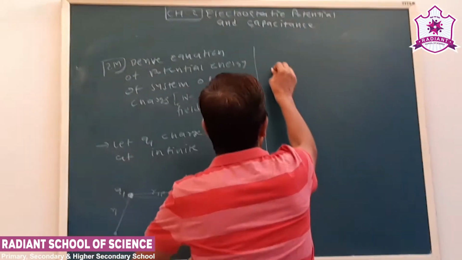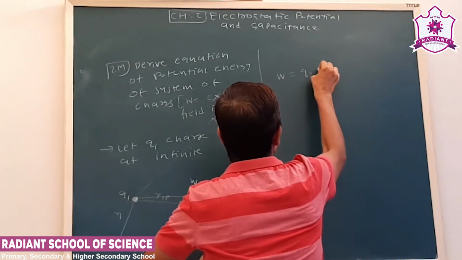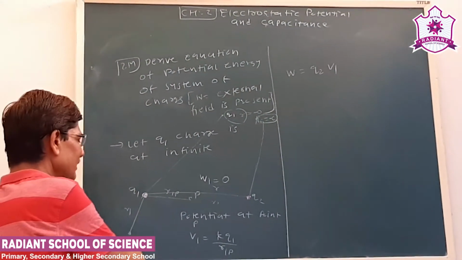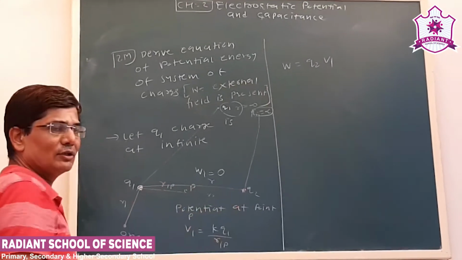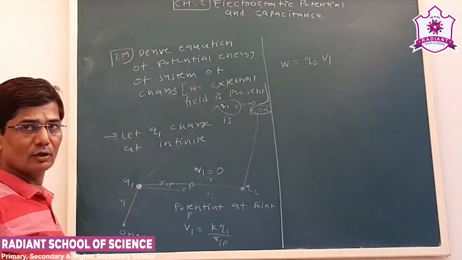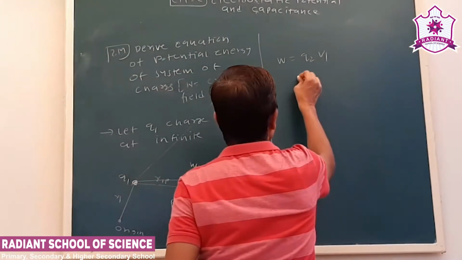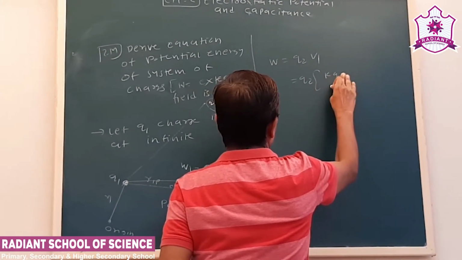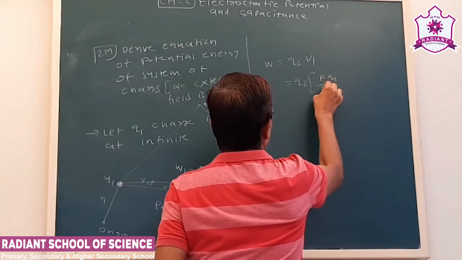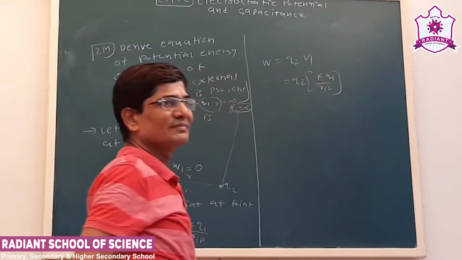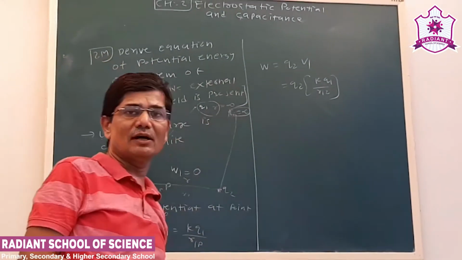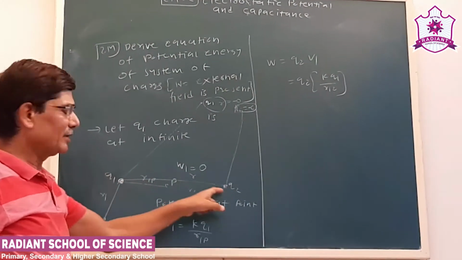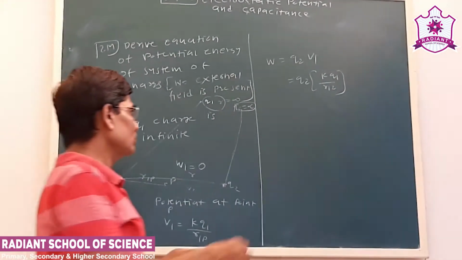So the work done will be Q2 into V1. The distance between charge positions r1 and r2 in the space, by the triangle law, is r12. So the work done will be Q2 times KQ1 upon r12. This work is stored in the form of potential energy of charges Q1 and Q2.